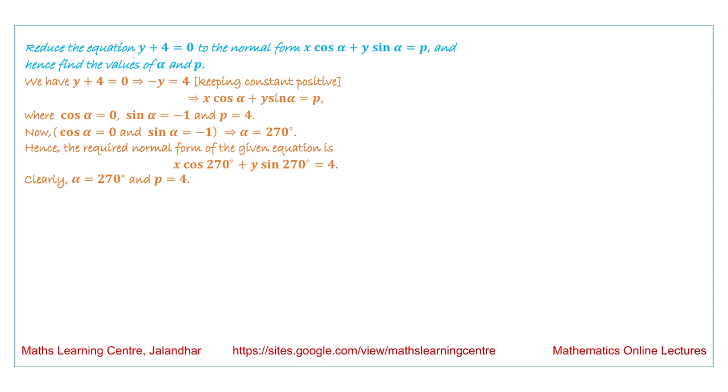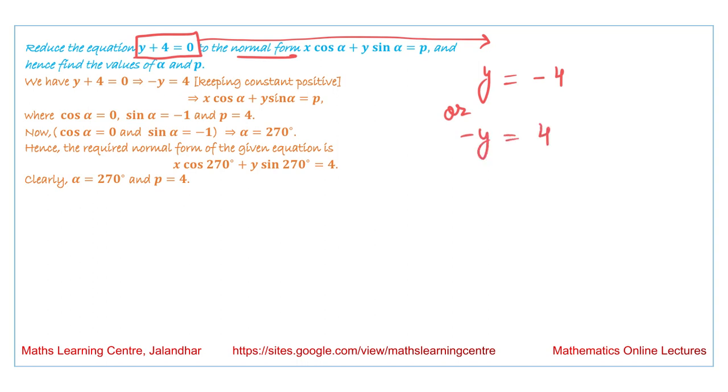Next is reduce the equation y plus 4 is equal to 0 in the normal form. So if we write this equation, it is y is equal to minus 4, or we are writing it as minus y is equal to 4. We have the term over here, it is 0x and it is minus 1y.